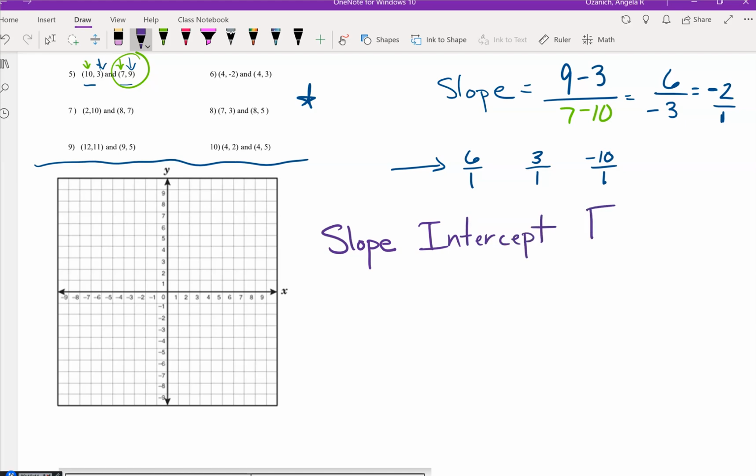It's called slope-intercept form because in the equation itself, you need to have a slope. That's that variable right there. And a y-intercept, which is going to be that variable right there, in order to graph your equation.